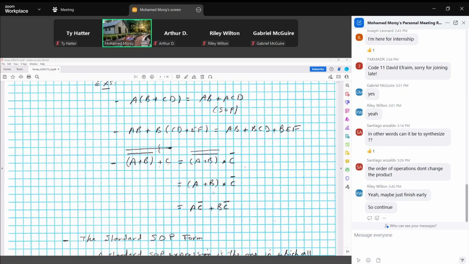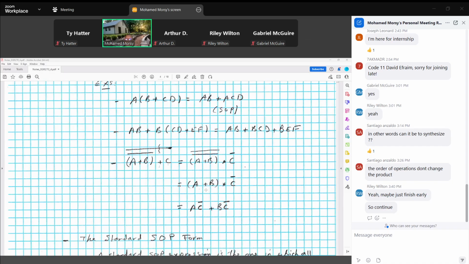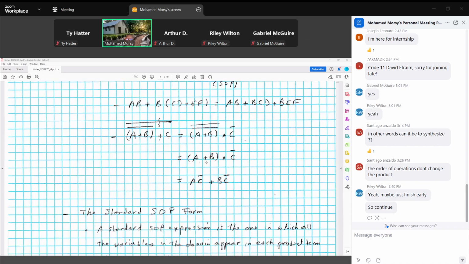Before we go deeply, we talk about how we convert any Boolean expression in another form to sum of product form. So we start with this first, and then we'll talk about the design.